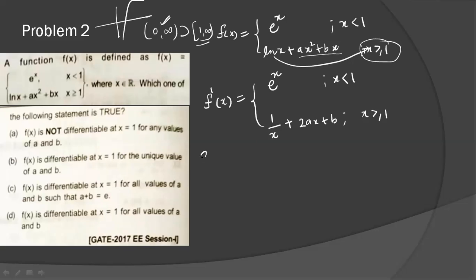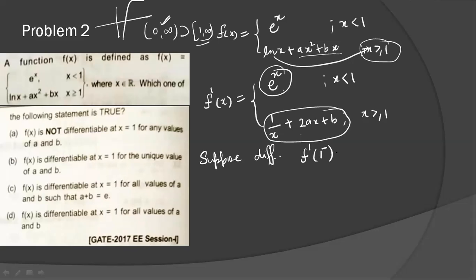Now, suppose differentiable. We cannot claim differentiable yet. This is the left hand derivative, this is the right hand derivative. Both are existing here. Now, for the differentiability of the function at x equal to 1, the left hand derivative must be equal to the right hand derivative at x equal to 1.